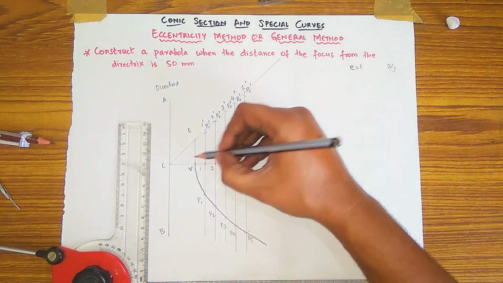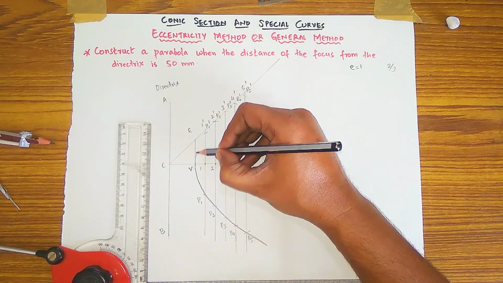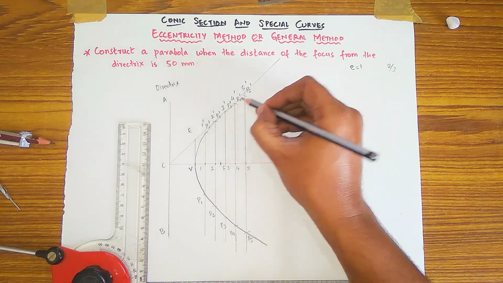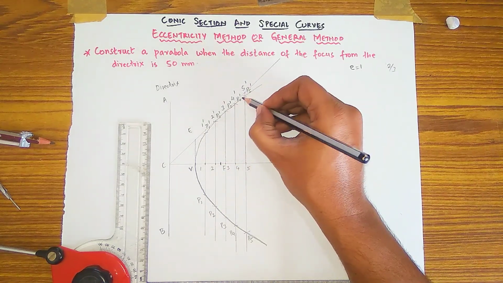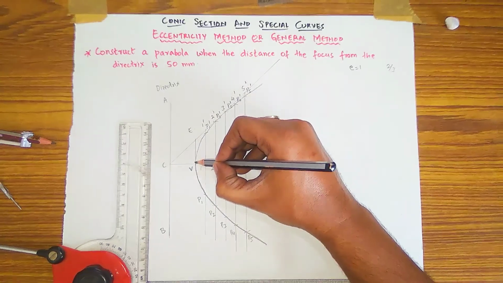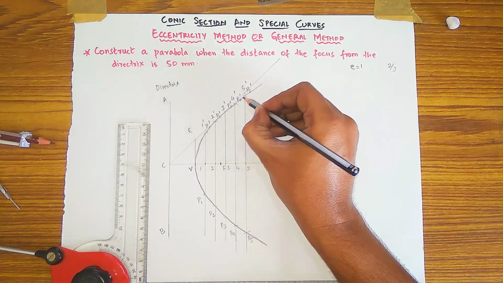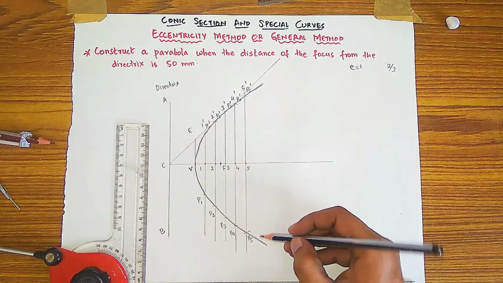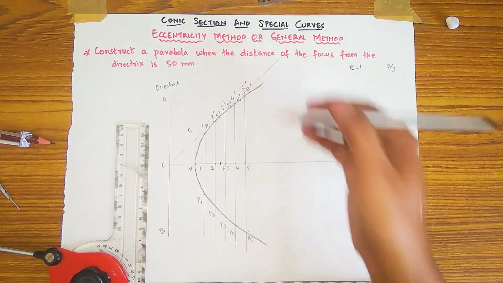Then from the vertex, P1 dash, P2 dash, P3 dash, P4 dash, P5 dash, then extend the line. This is the parabola constructed according to the dimension 50 mm.